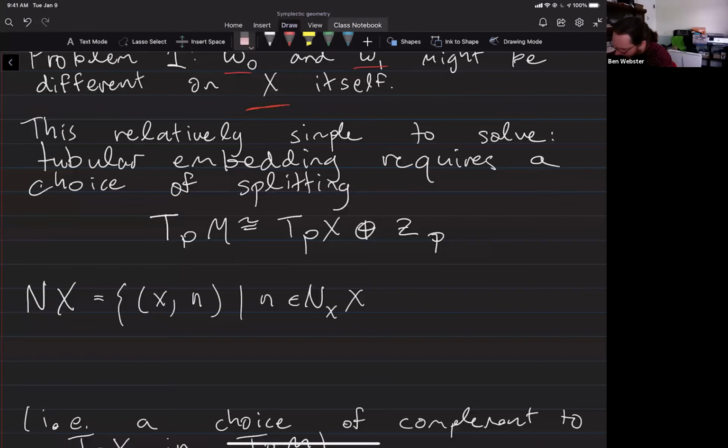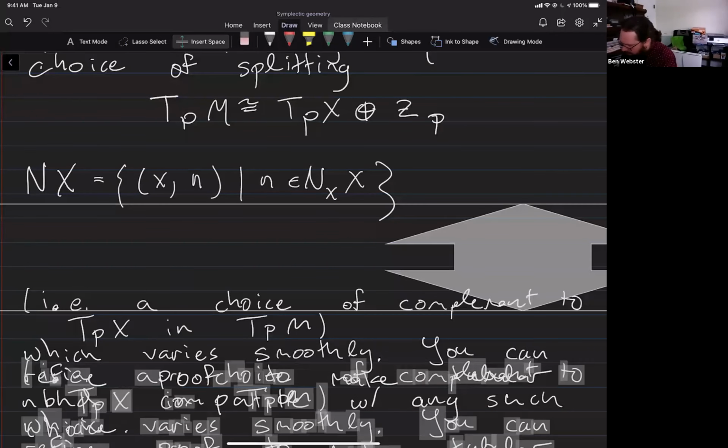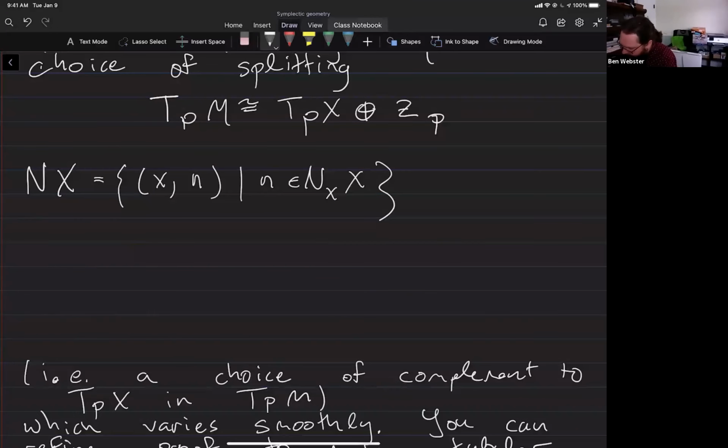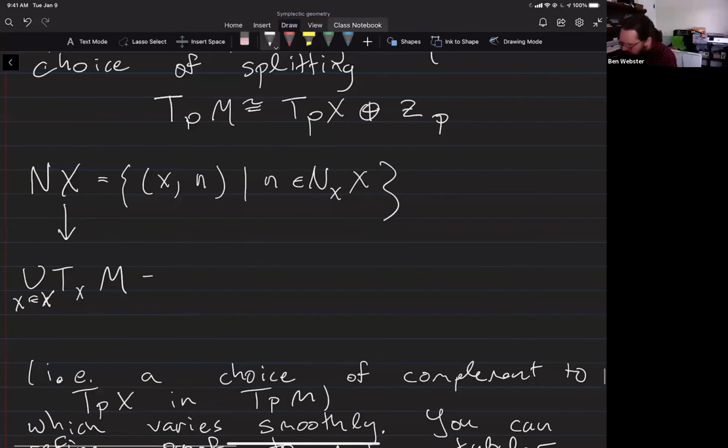And so, the way I use this ZP is that I can map this normal bundle into, I'm just going to write here, the union of the tangent spaces to the points in X. But I'm taking the tangent space inside of all of M, right?